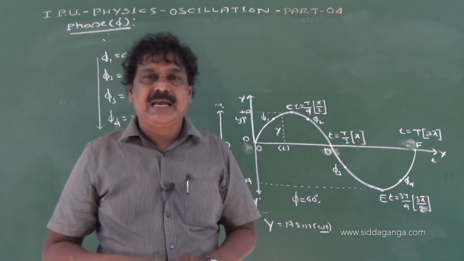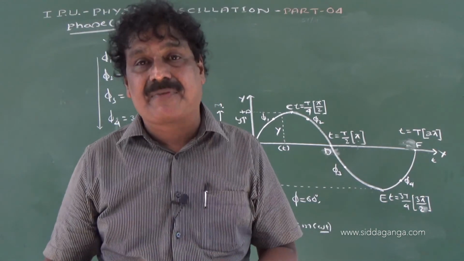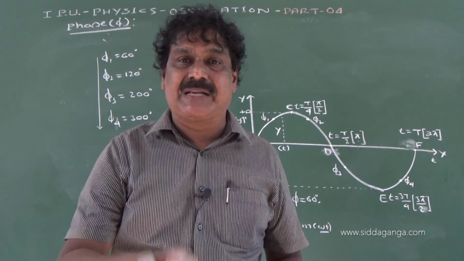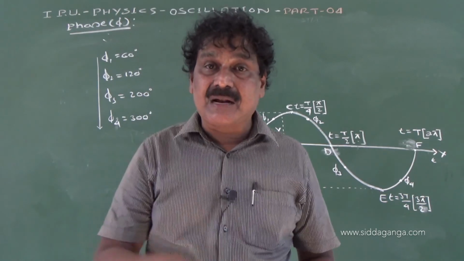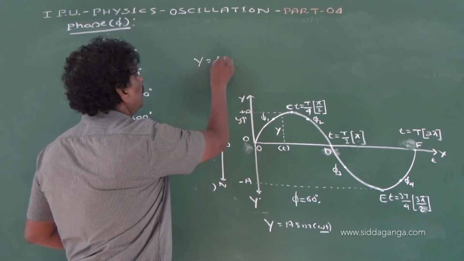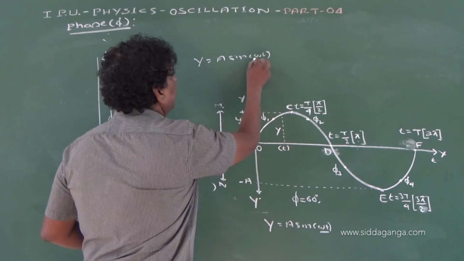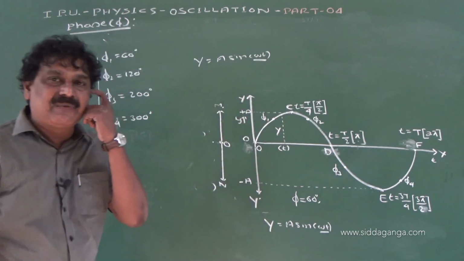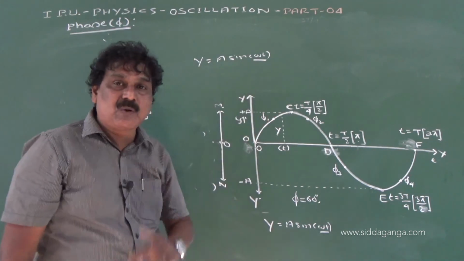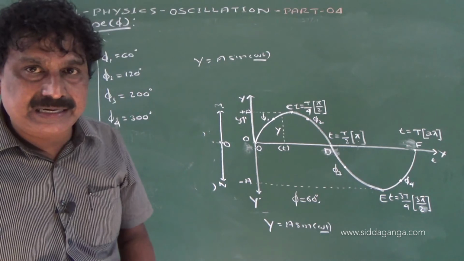Of course, it can also be expressed in terms of fractions of the time period, but it is more convenient to express the phase in terms of angle, because we have y is equal to a sin omega t. Now we are able to find the value of sin omega t when we express omega t in terms of angle. Is it clear?